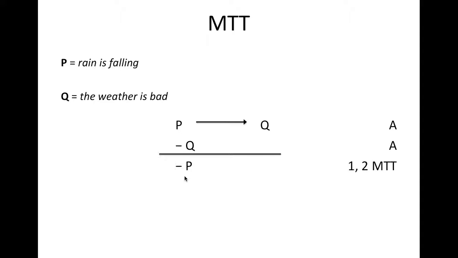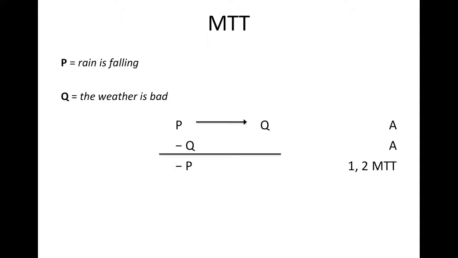So this is really intuitive, and probably you guys will be thinking, well, this is kind of just something we take for granted, and it really is. If we know that the weather is not bad, or in other words, the weather's good, then it cannot be the case that rain is falling.